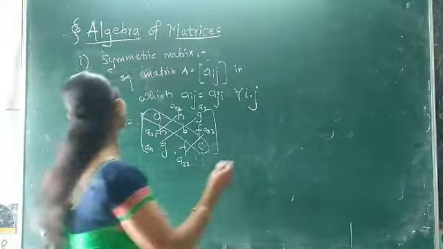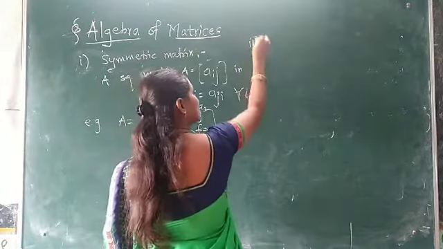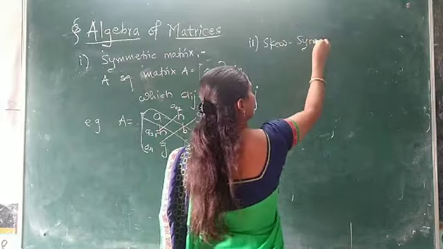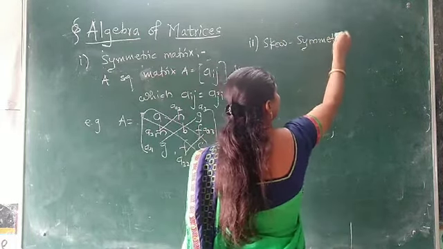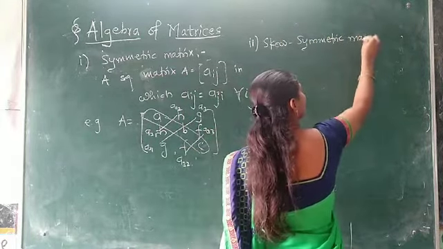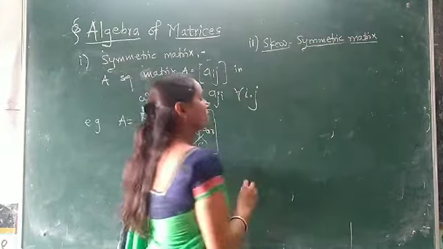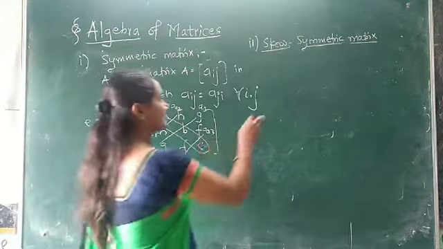Now the next matrix is the skew symmetric matrix. What is meant by a skew symmetric matrix? Again it is a square matrix.